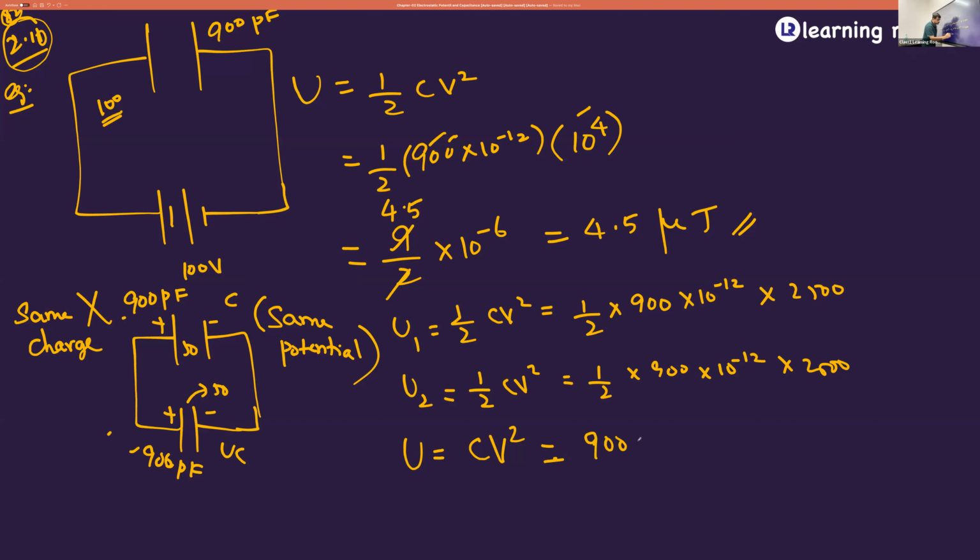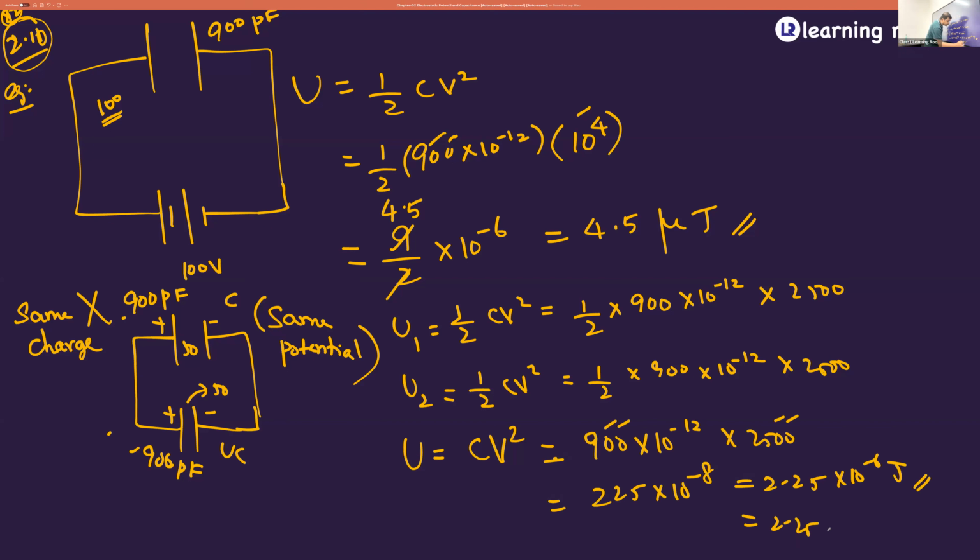So what will this answer be? 9 into 25 is 225. So 225 into 10 power minus 8, or this will be 2.25 into 10 power minus 6 joule, which is basically 2.25 microjoule.